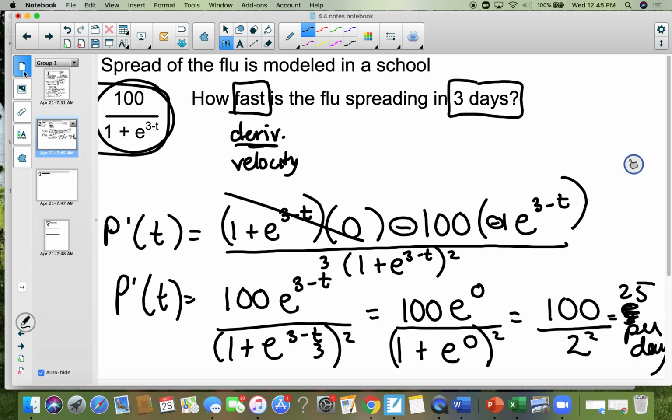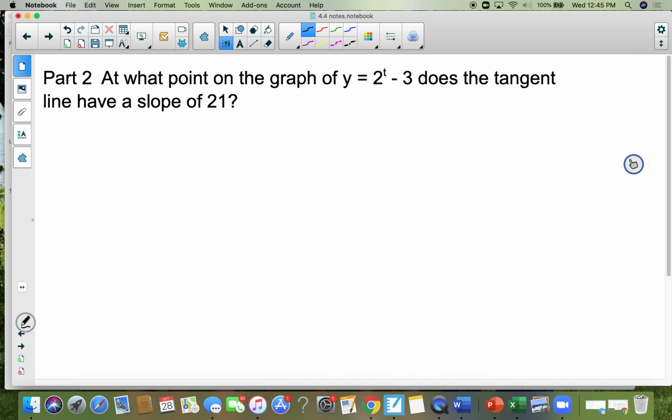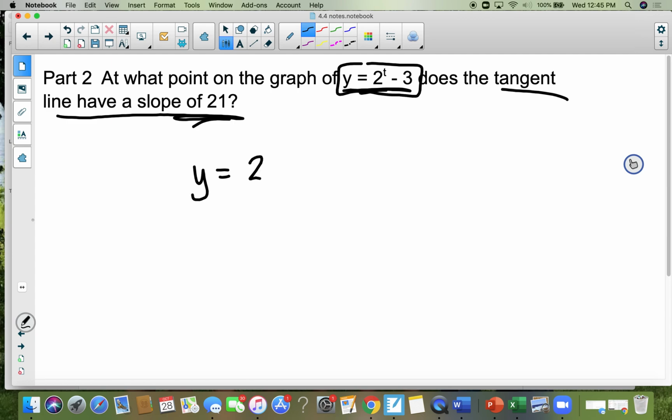Okay, and the last part, I think we have a couple more. Here's: at what point on the graph of this does the tangent line have a slope of 21? So again, you need to write down this one. You're trying to find y prime because you're trying to find the slope of 21.